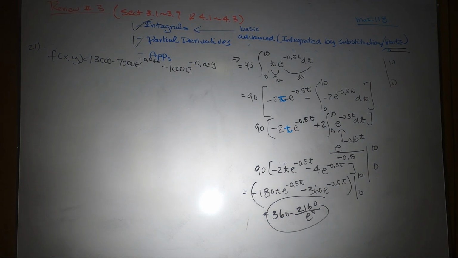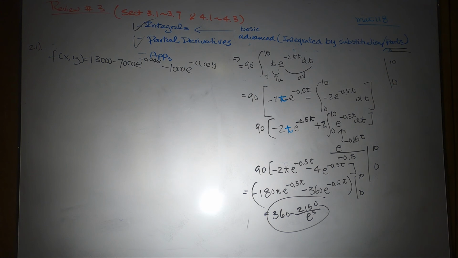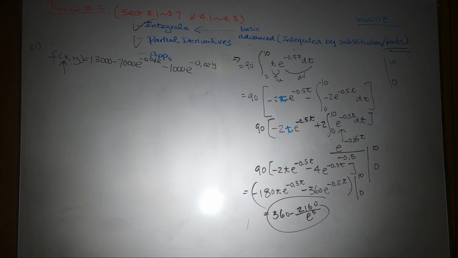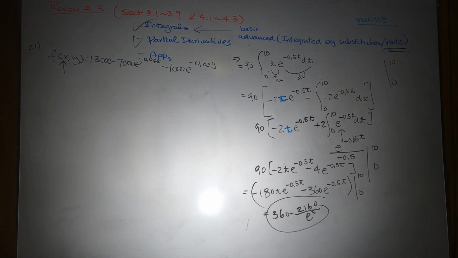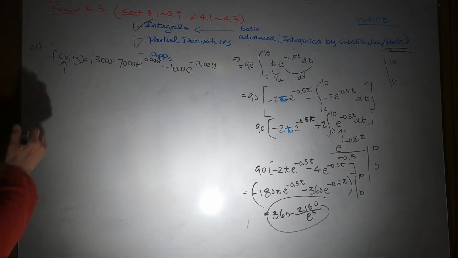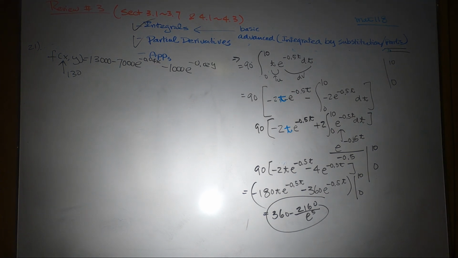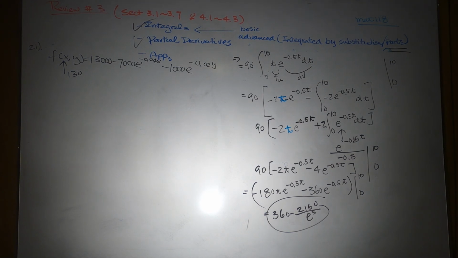The rate of change of insect death with respect to the number of liters of brand x. We are talking about the first product. If 130 liters of each brand are currently being used, how many insects would be killed? So we want to find out the number of insects killed by these 2 brands.